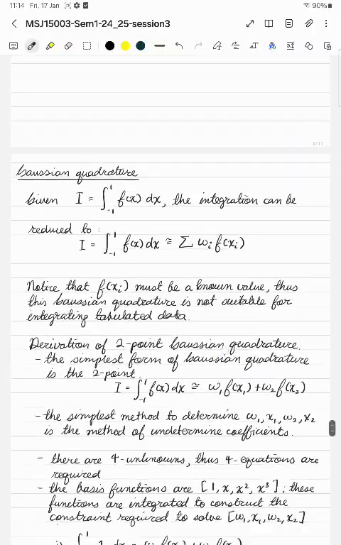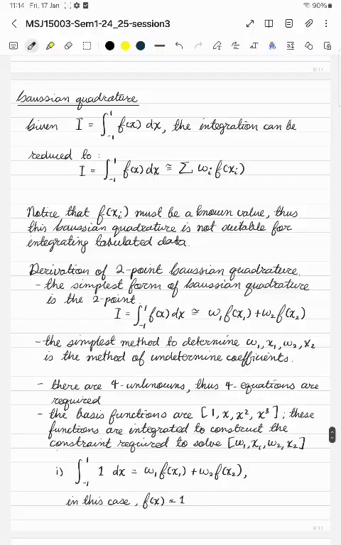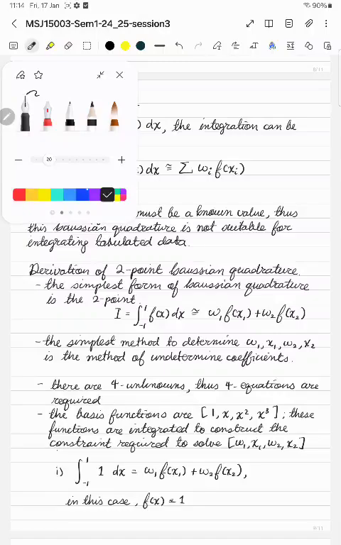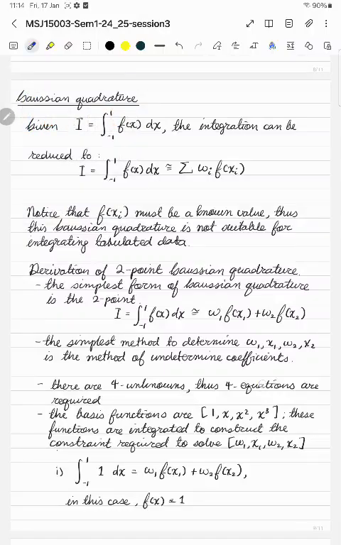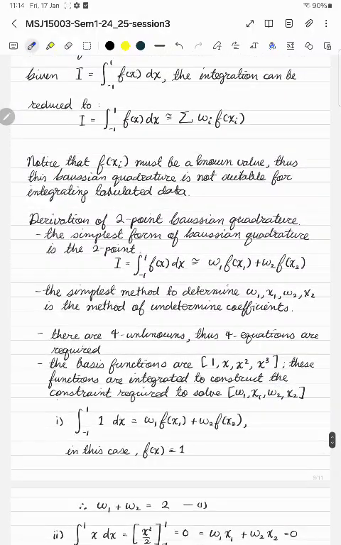So let's have a look at the concept for the Gaussian quadrature. Given that you have an integration, notice the range here. It's not from a to b, not from an arbitrary space. It's from -1 to 1. If you want to extend it to any arbitrary space, I'm going to explain that later.